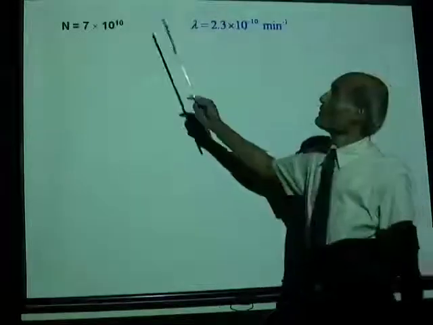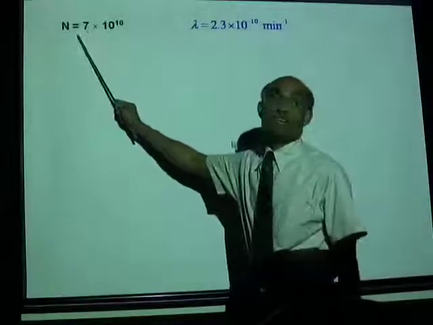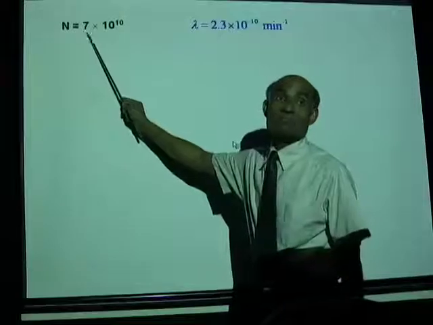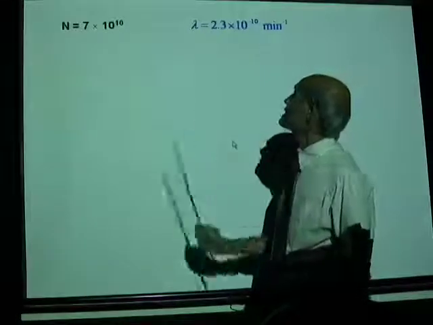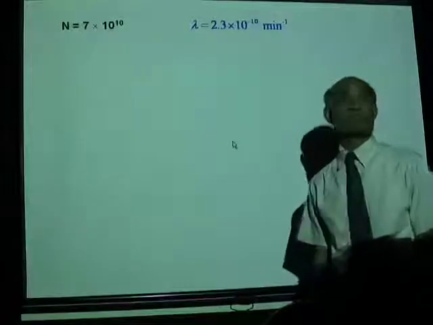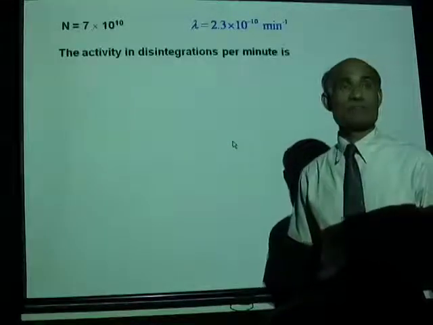Alright, so now we have the number of carbon-14 atoms is 7 times 10 to the power of 10. Its decay constant is 2.3 times 10 to the negative 10 per minute.